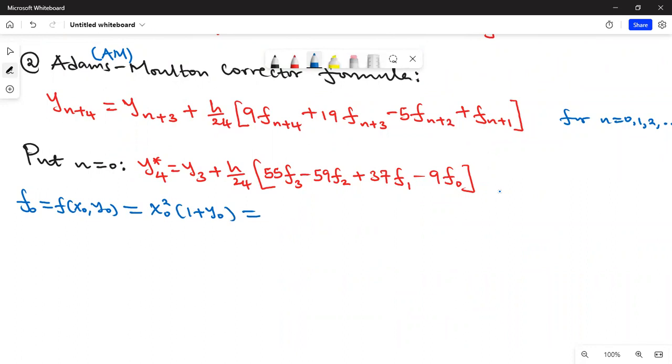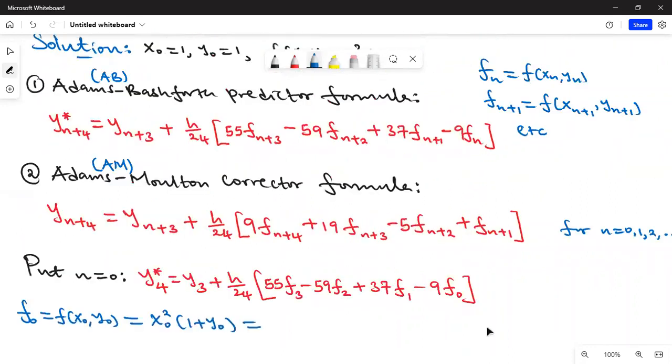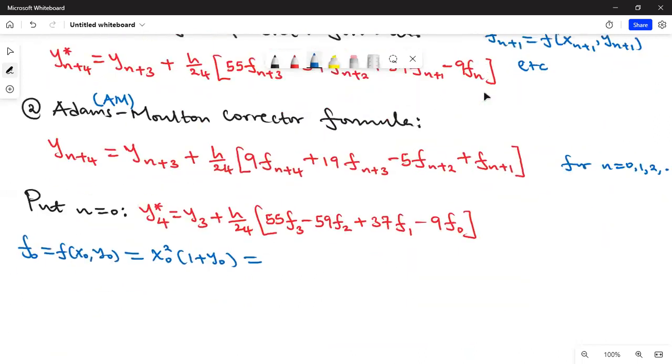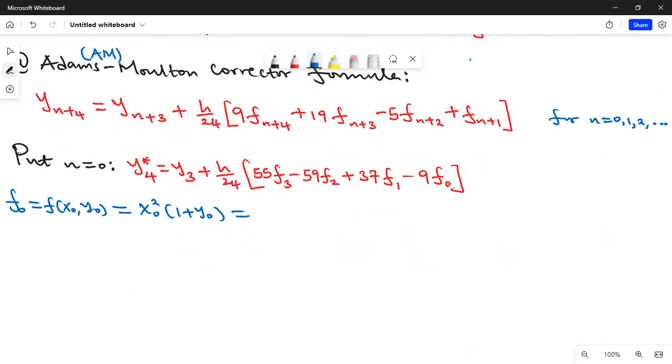We can go back to the table. Our x0 is 1 and our y0 is also 1. So we replace them here. That is 1 squared times 1 plus 1, which is simply 2. So that's f0.